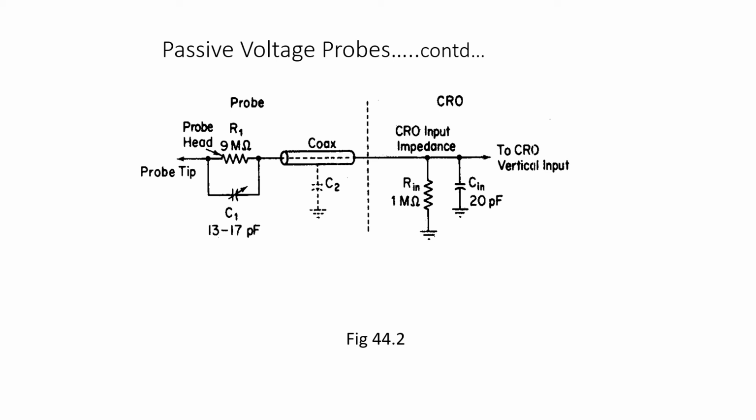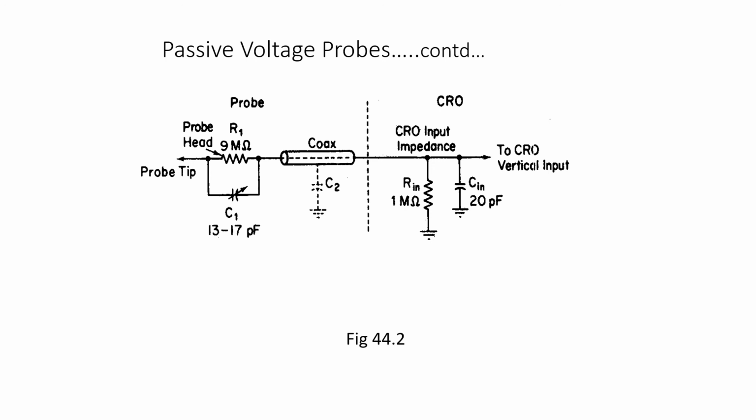Now the probe tip or the probe head has 9 megaohms in shunt with a capacitor C1 of 13 to 17 picofarads, through a coaxial cable given to the CRO. This 9 megaohms in the probe head avoids the loading effect of the CRO, so that we get accurate readings.